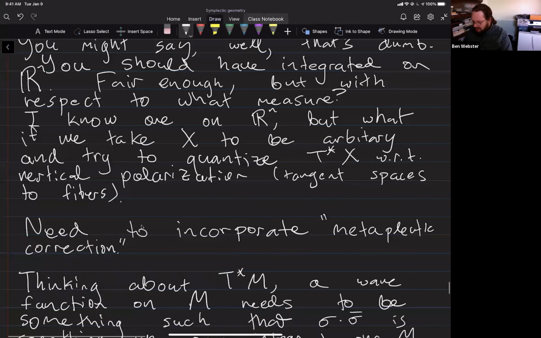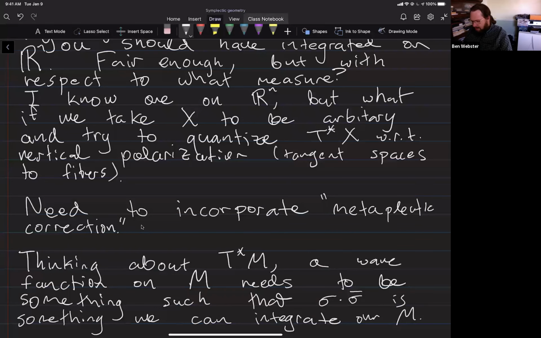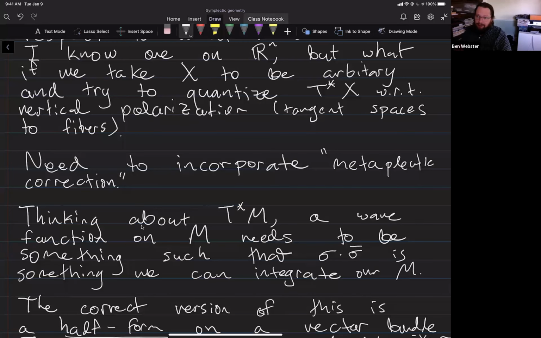So in terms of T*M, that means that a wave function shouldn't be a function, it should be something whose square is a volume form. I need to be able to take this guy and multiply it by its complex conjugate, so really its norm squared should be something we can integrate.